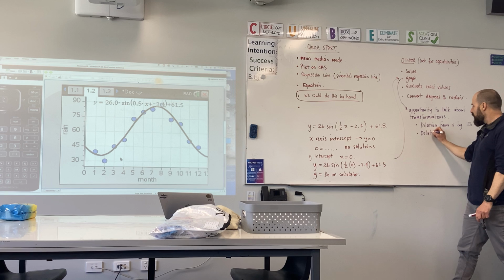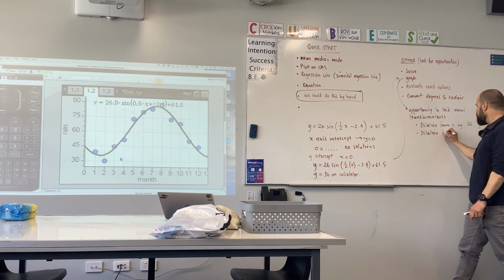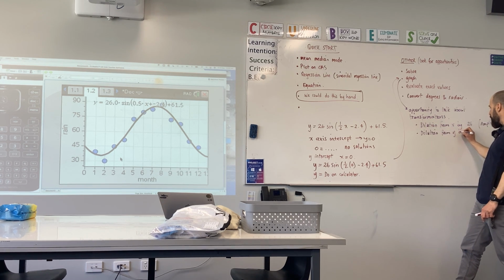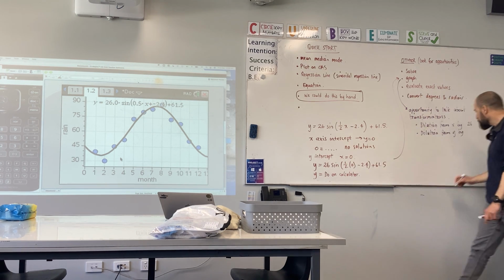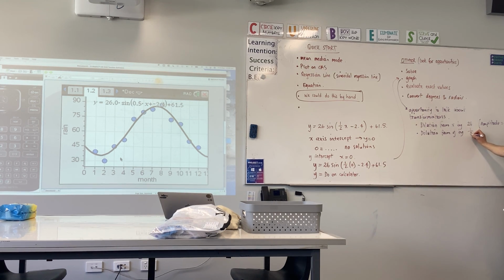Dilation from y. Now, it'll always be 1 divided by that, which equals 2. What does that change? The period.